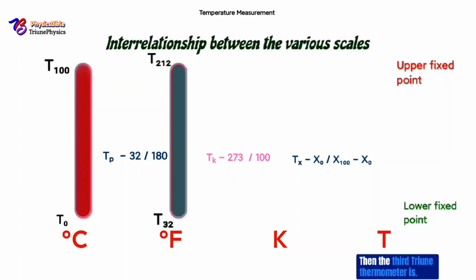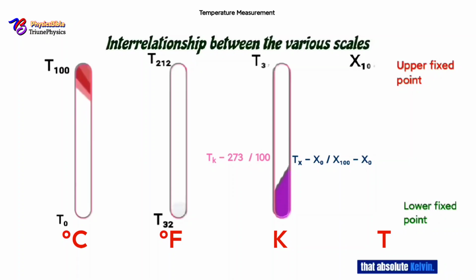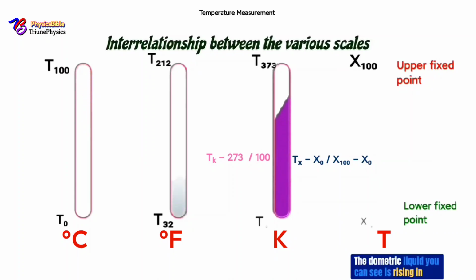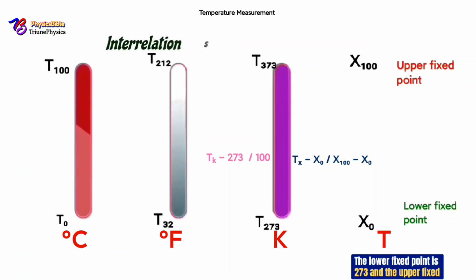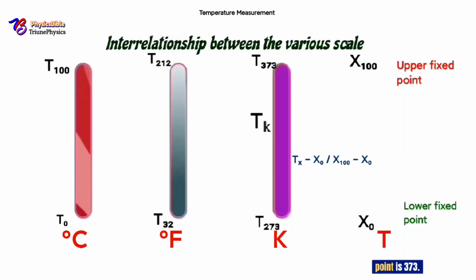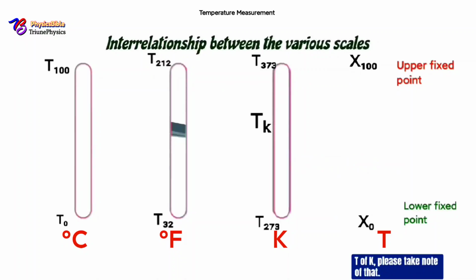Then the third triune thermometer is the absolute Kelvin. The thermometric liquid you can see is rising in purple. The lower fixed point is 273 and the upper fixed point is 373. The unknown temperature value is T of K, please take note of that.